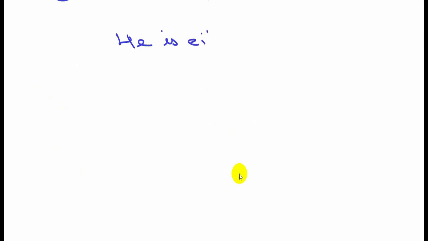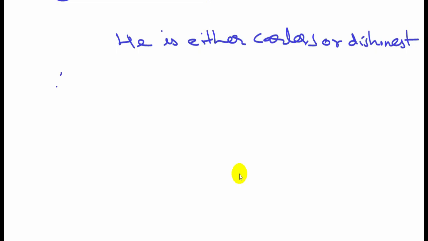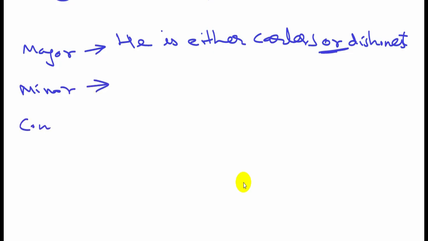He is either careless or dishonest. This is a disjunctive argument where we are using the "or" statement. So, he is either careless or dishonest. Then the minor, which is a categorical proposition, and the conclusion.